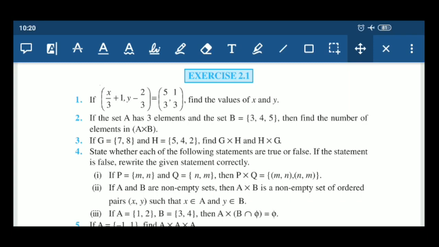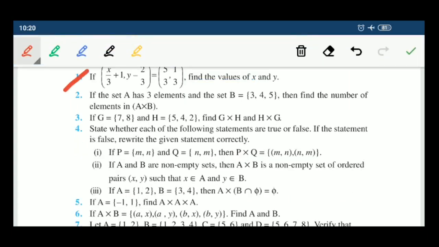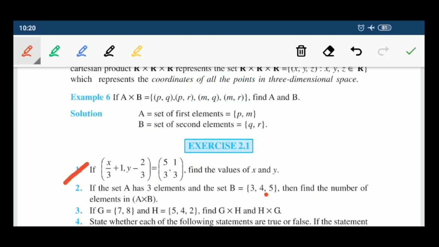So this exercise 2.1 is totally based upon the Cartesian product of two sets. See the very first question here. In this question, they have told us this ordered pair is equal to this one. We have just done the same example.